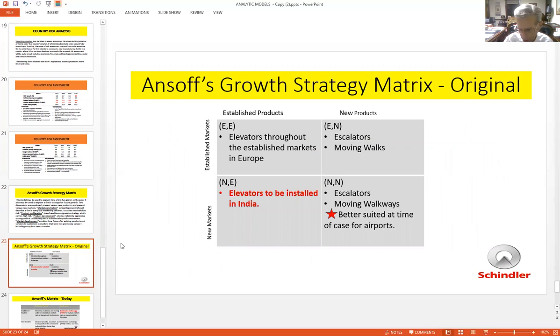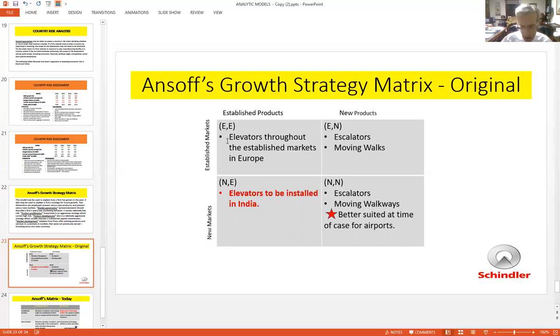So here you can see this was done for the Schindler Elevator Company by that same team. There are two variables, that is the products, whether they're existing products or new products, perhaps products that aren't in existence now, and whether the company seeks to do business in established markets or new ones.